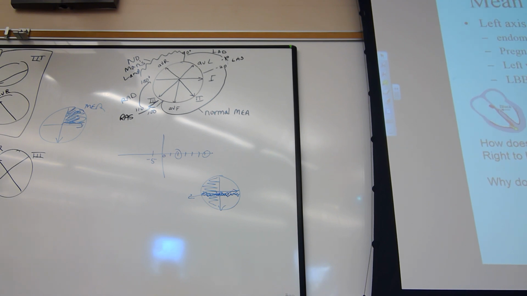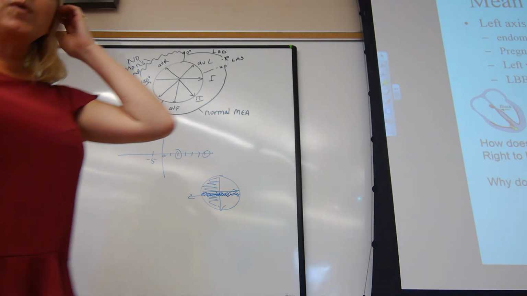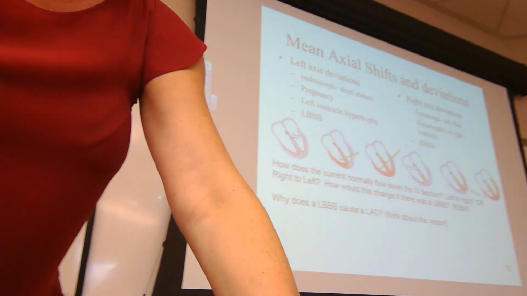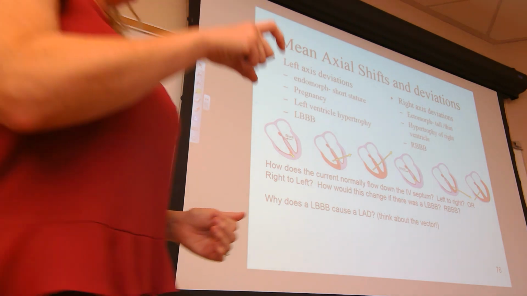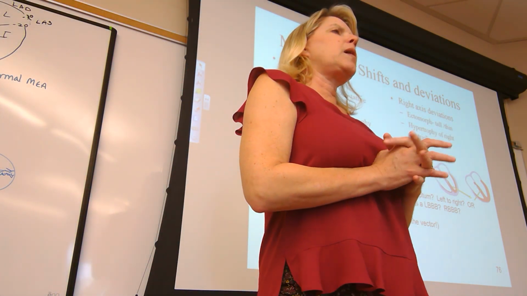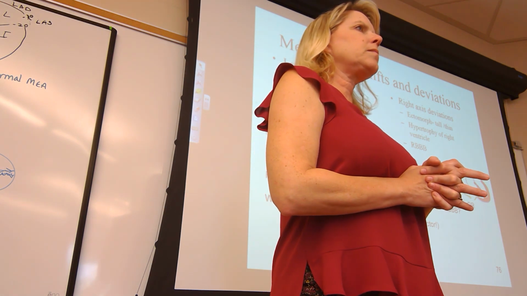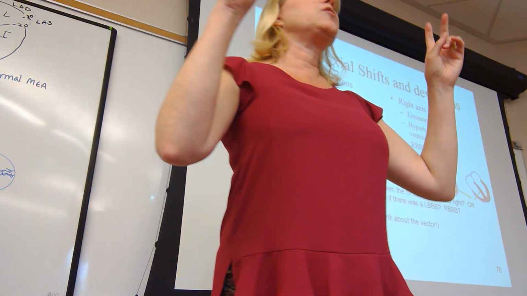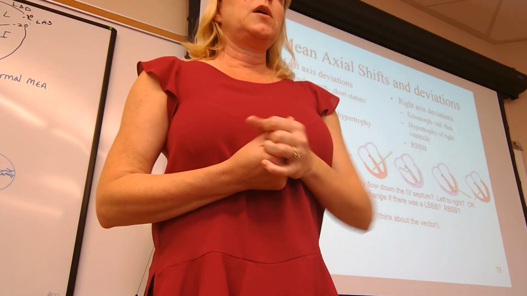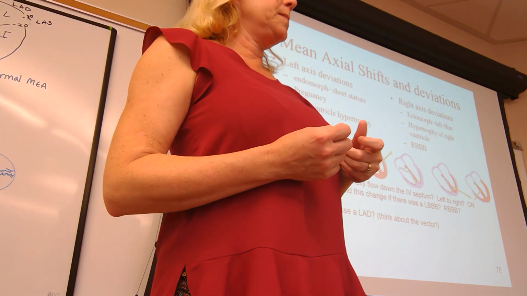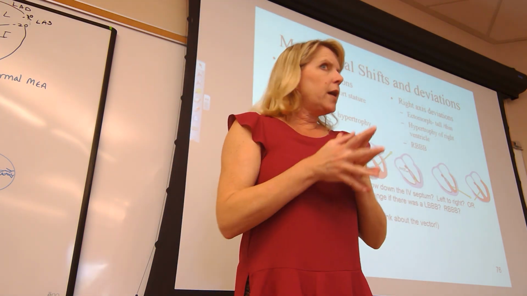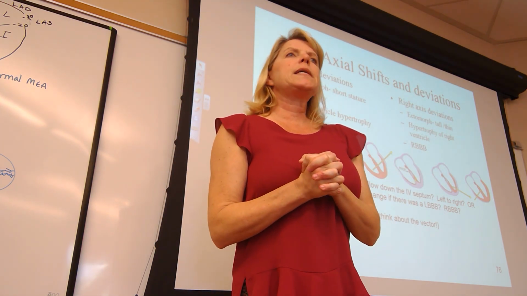Now, on your exam, I will, for sure, ask you a question or two on how to determine someone's MEA using this cheating method, this visual method, without using a compass. You do not know what version you're going to get.